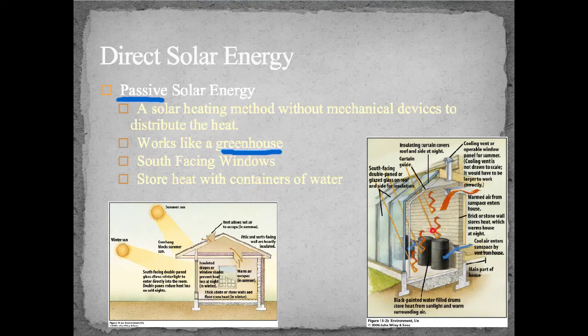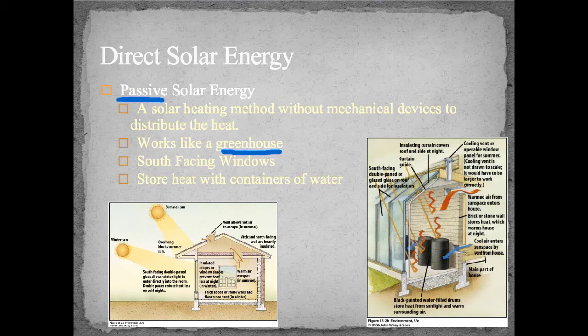You can also have containers of water to trap that heat next to your house. You're going to want high insulation on the north side so that heat doesn't dissipate, and also an insulated north roof, with your roof and attic very highly insulated. You can also have insulated drapes and window shades, and thick stone floors.